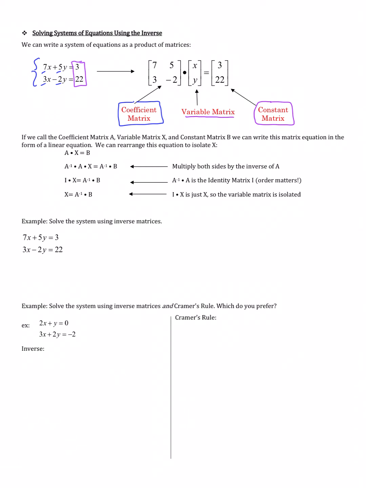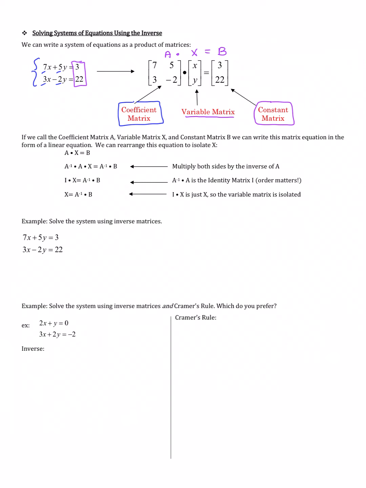So if I called this A and called this x equals B, I've got an equation here. Now I want to isolate x because I'm trying to solve for my variables. So what you're going to end up doing is multiplying both sides by the inverse of A, because we know that A inverse times A would cancel each other out to be the identity matrix.